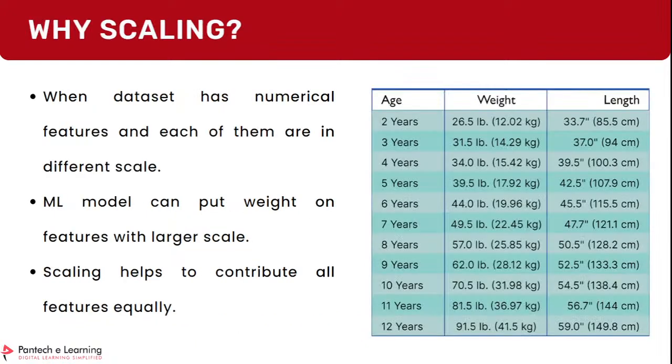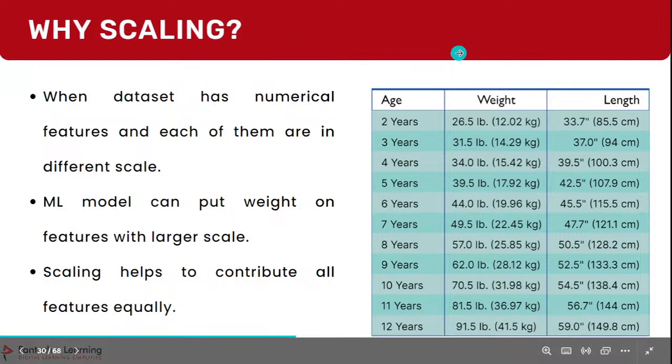And why we actually perform scaling is, for example, if you have multiple columns like age, weight, and length. When a dataset has numerical features, each on a different scale, the machine learning model, the statistical tool, can sometimes put weight on features with larger scale.